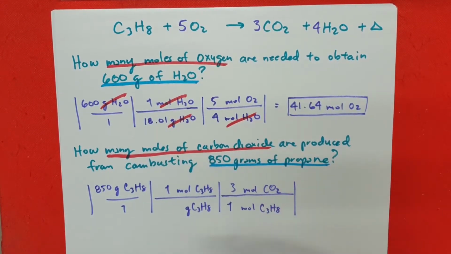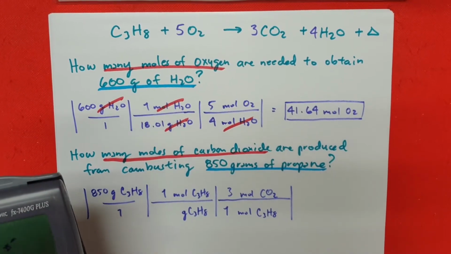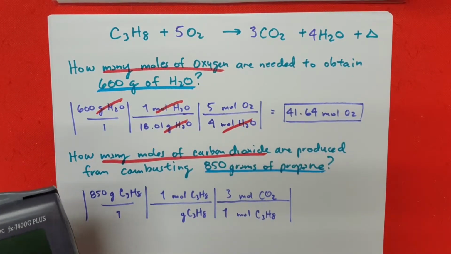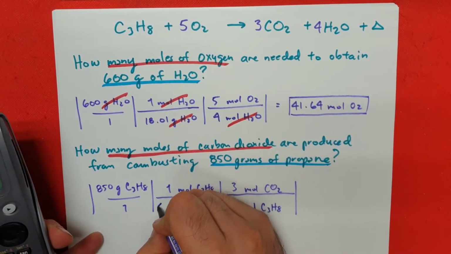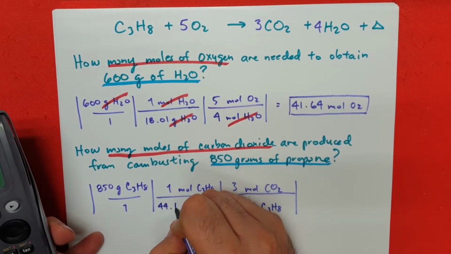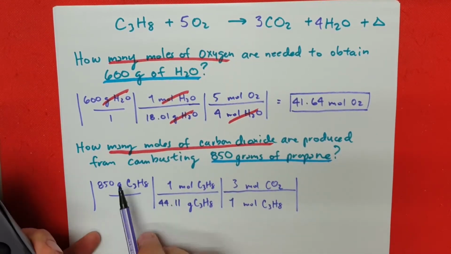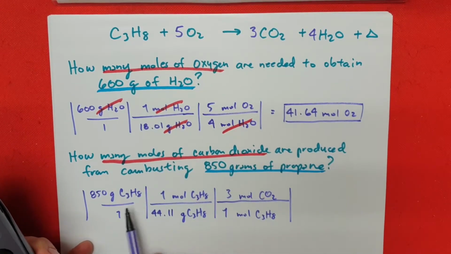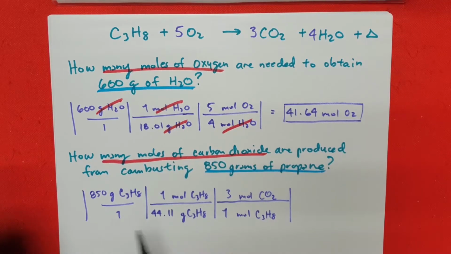The last step is to calculate the molar mass of propane, where we have 3 carbon atoms times 12.01, which is the atomic mass, plus 8 hydrogen atoms, each one weighing 1.01. So my molar mass for propane is 44.11. That's what I got on the calculator. Then once again, we multiply everything on the top and divide by everything on the bottom. This should be easy because there's a lot of ones.